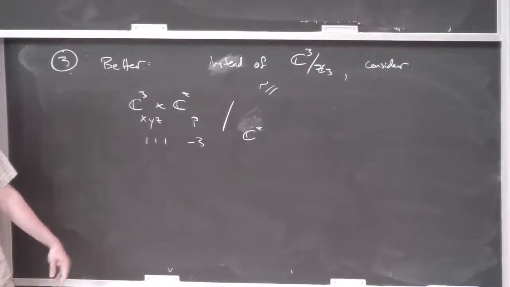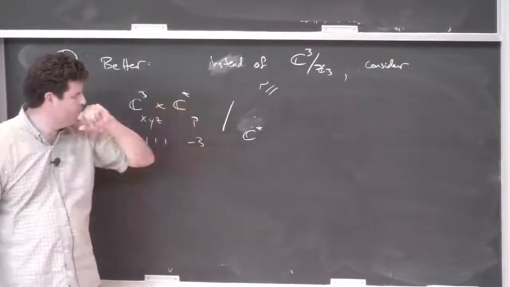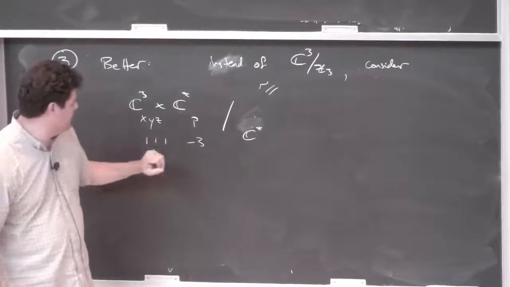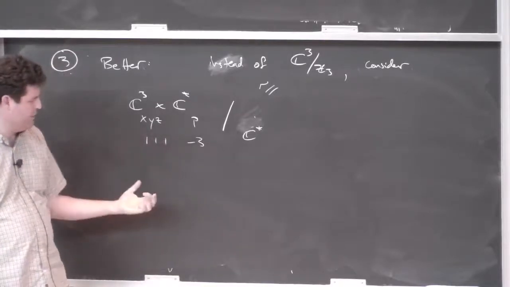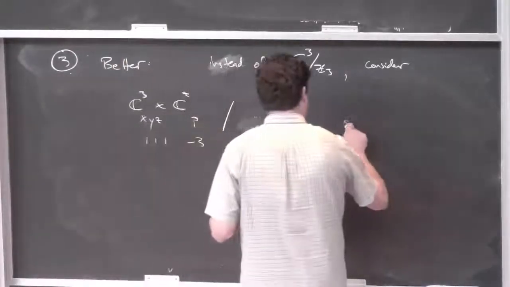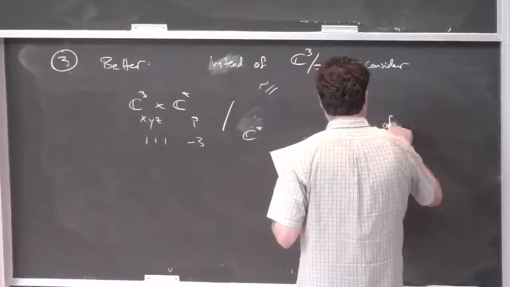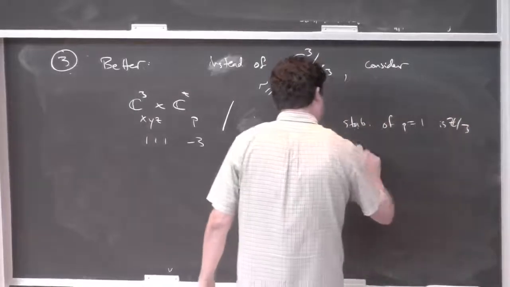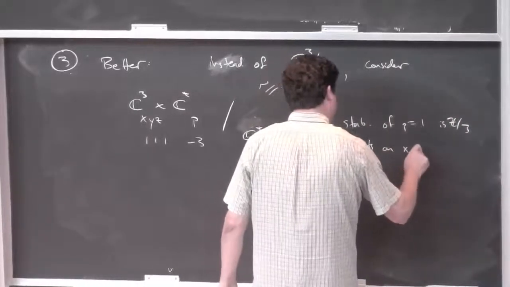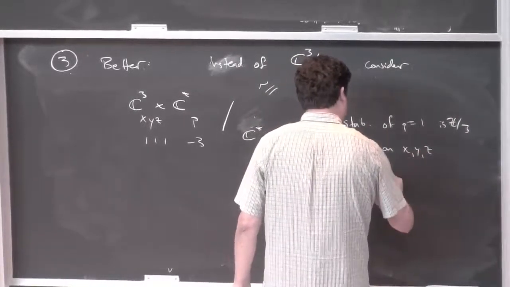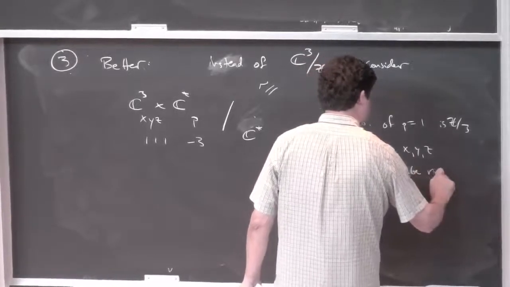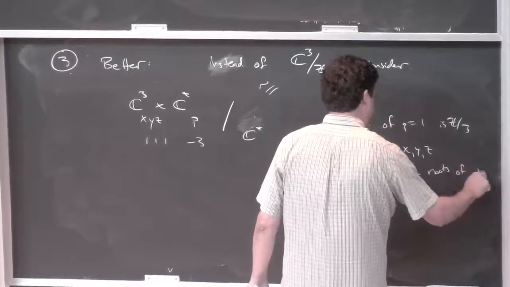So I could set p equals 1 and get rid of it, but then there's a residual stabilizer, so the stabilizer of p equals 1 is Z mod 3, and it acts on x, y, z via cube roots of 1.